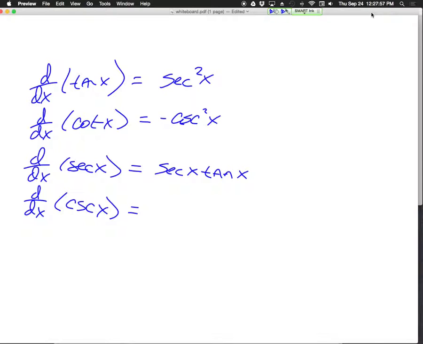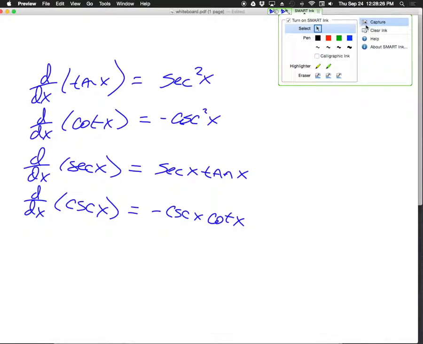Negative. We know it's negative. Cosecant and cotangent. So those are 4 new derivatives that you need to have memorized as soon as possible. Derivative of tangent is secant squared. Cotangent is negative cosecant squared. Secant is secant tangent, and cosecant is negative cosecant cotangent.